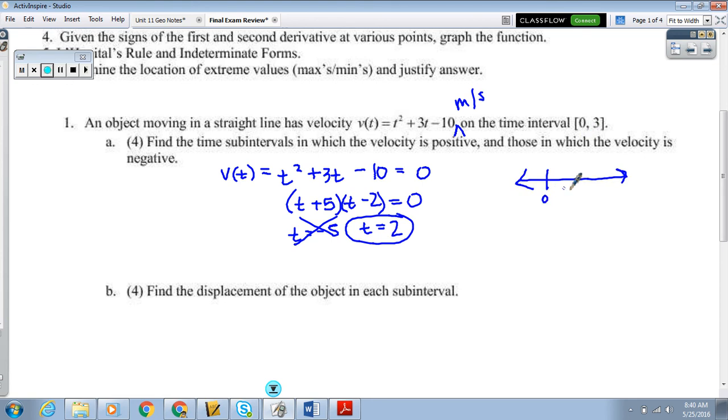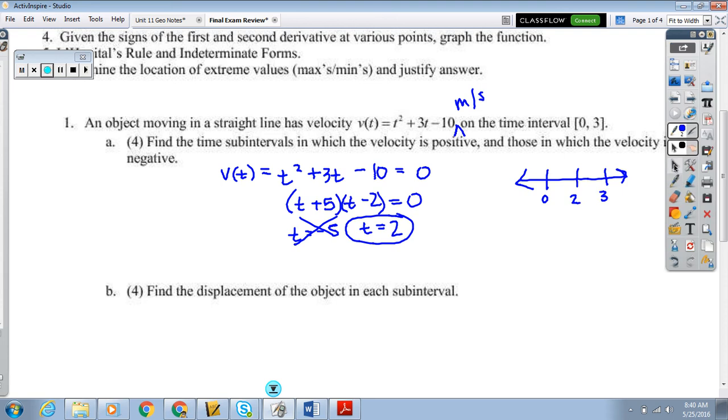So I begin at 0, at 2 something interesting happens, and then at 3 I'm stopped. What you can also do now is take numbers in between 0 and 2 and in between 2 and 3, plug them into your velocity and see whether I get a positive or a negative answer. Like if I picked 1, plugging into the factored version, 1 plus 5 is a positive number, 1 minus 2 is a negative number, so my velocity is negative in that time interval.